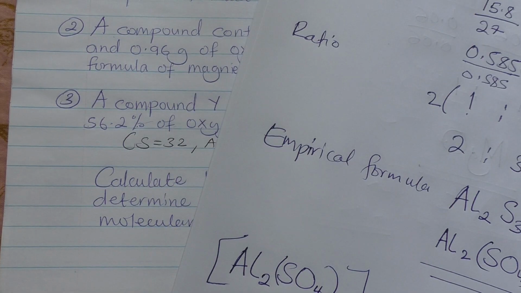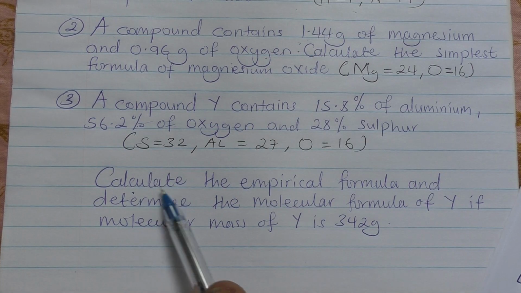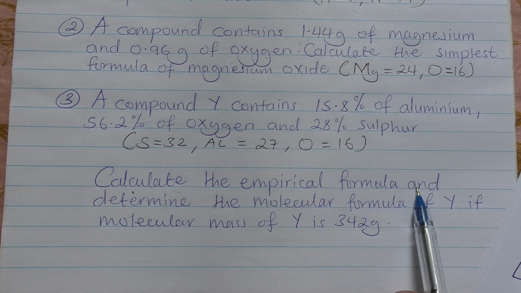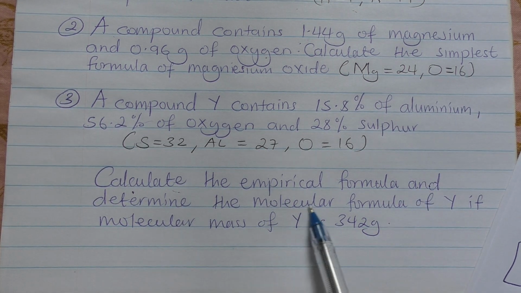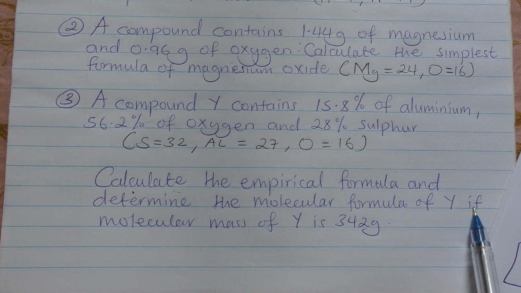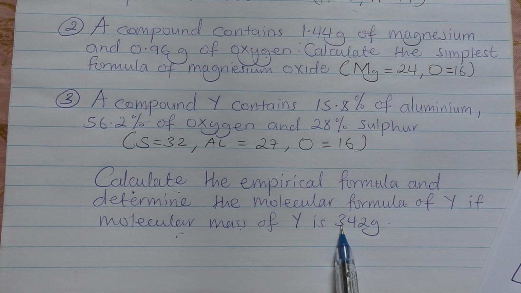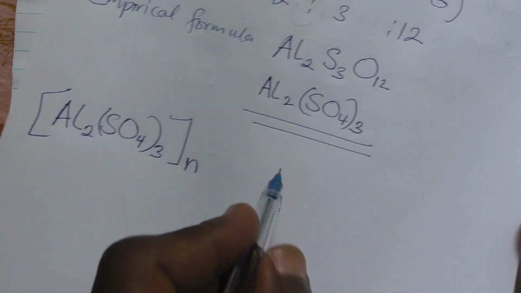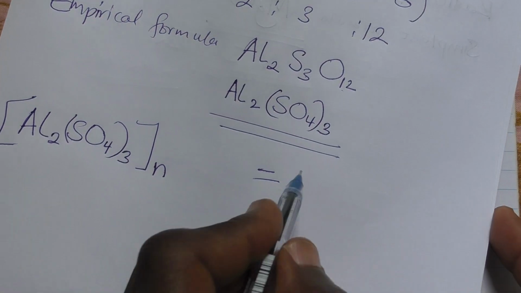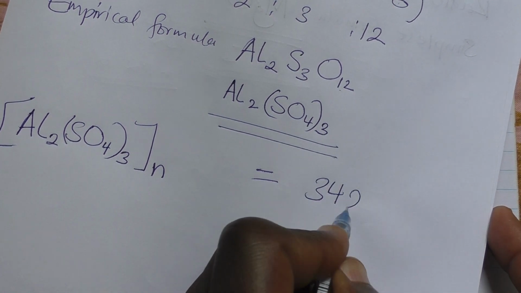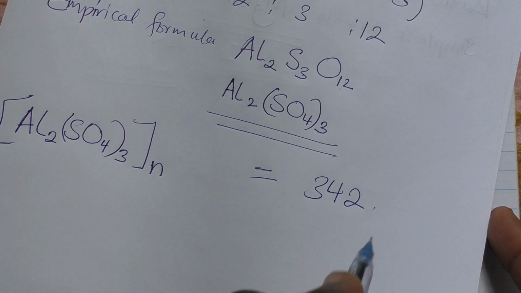And we are told to calculate the empirical formula, which we have done, and determine the molecular formula of Y if the molecular mass of Y is 342 grams. So when we get this, it must give us 342 grams.